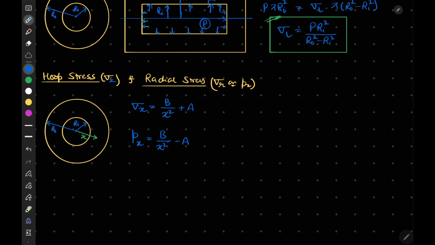If we talk about the values of both a and b, let me make a table here.